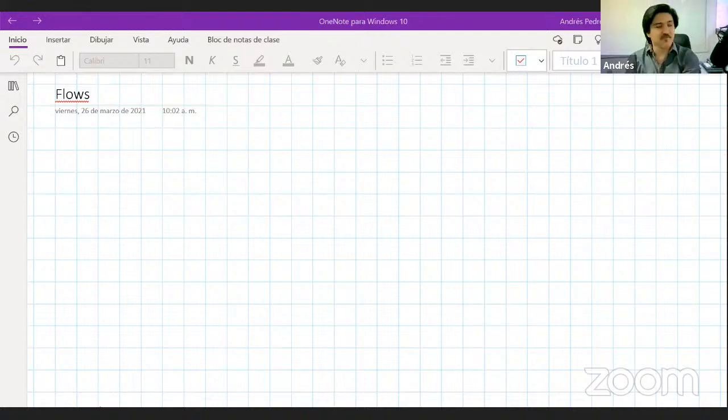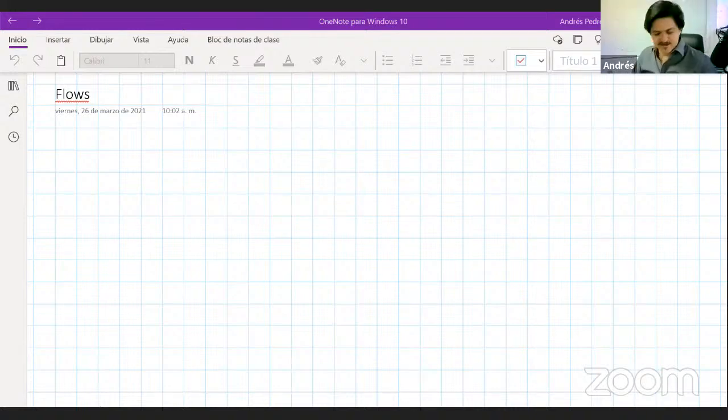Okay, so remember from last time, we studied the integral curves of a smooth vector field.